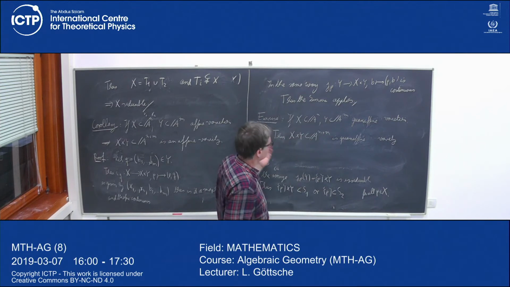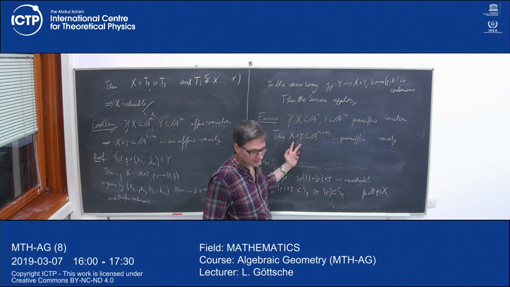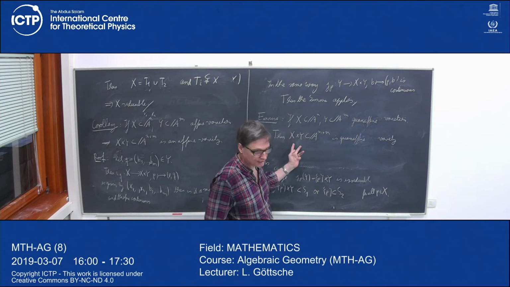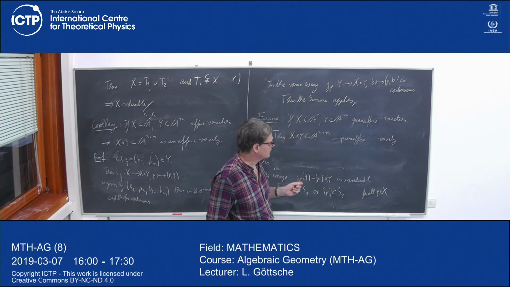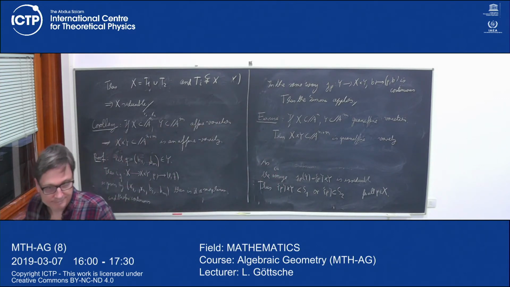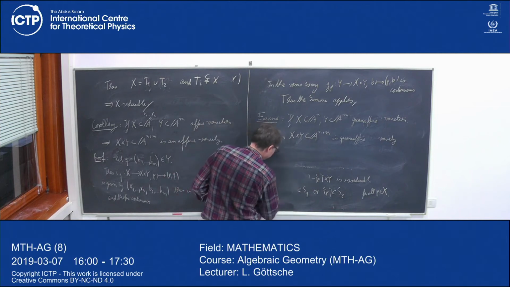You can easily find out that the product is the zero set of certain polynomials minus the zero set of some other polynomials. And the fact that this will be irreducible if x and y are irreducible is the same proof as before. But yes, certainly quasi-affine.